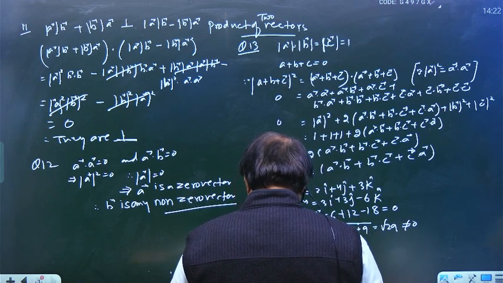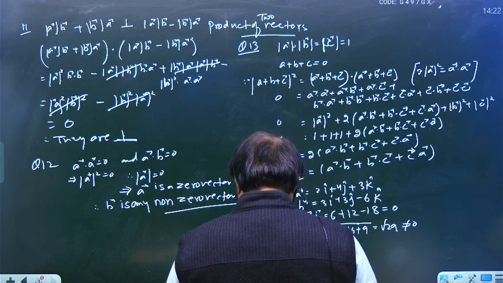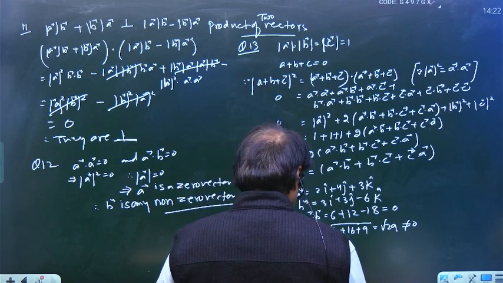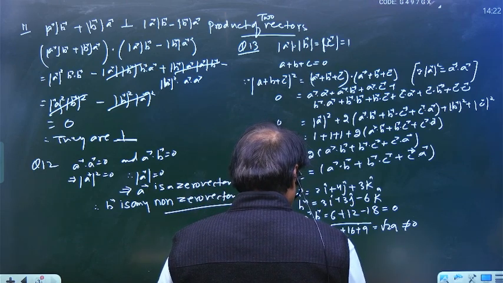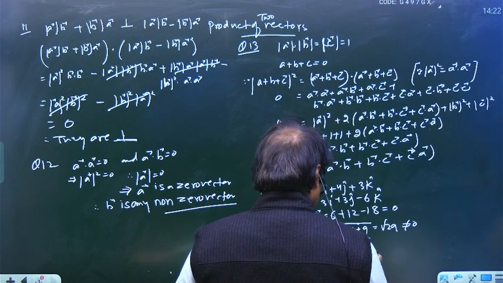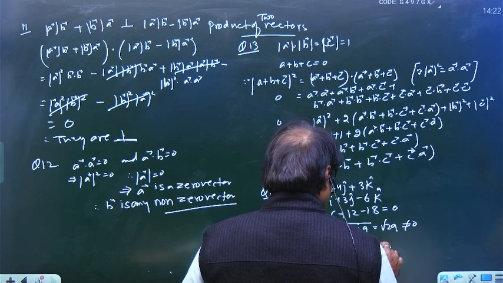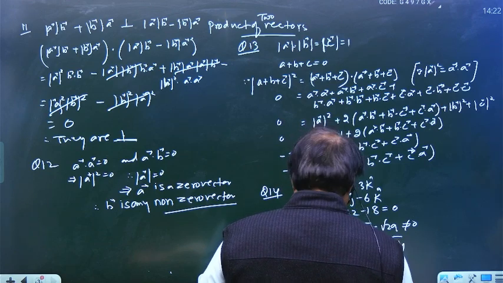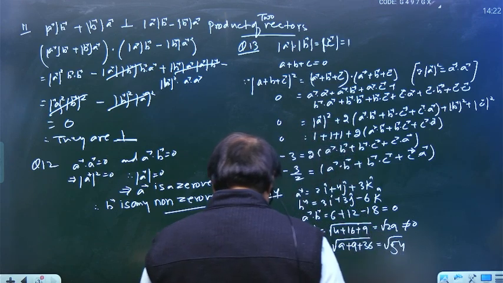Okay, similarly, for vector B, the magnitude of B is equal to root over 9 plus 9 plus 36, that is root over 54, which is again not equal to 0.